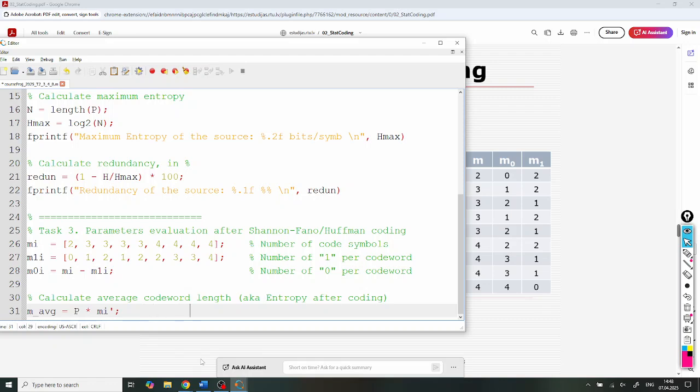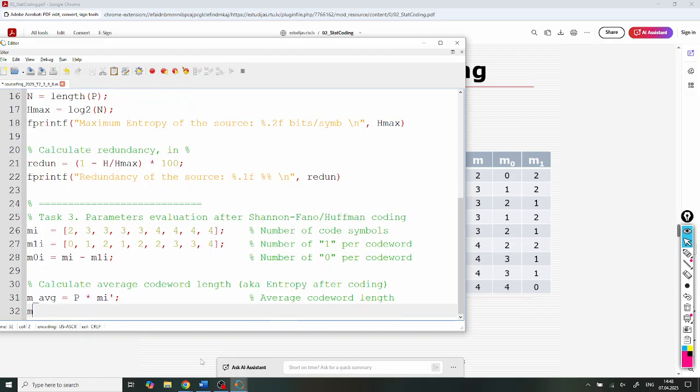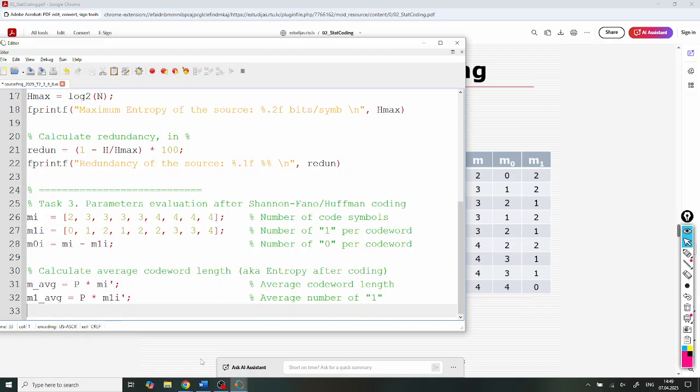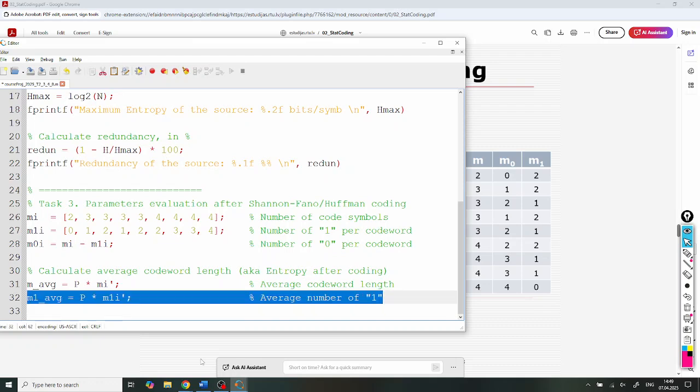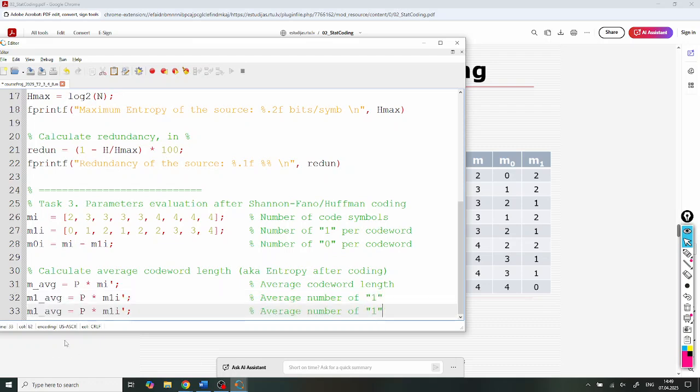So that's the average code word length, number of symbols, M1 average, probability by M1i transposed, average number of ones, and the same way also average number of zeros.